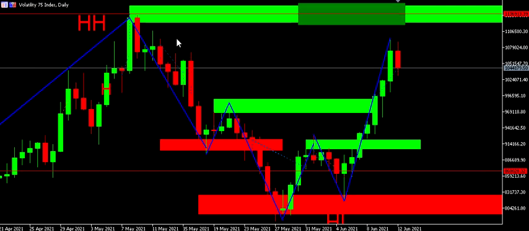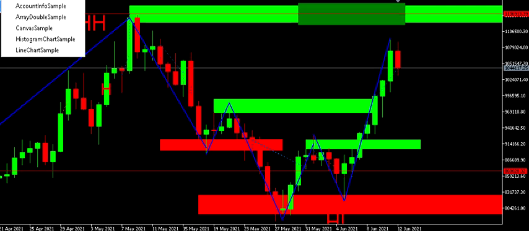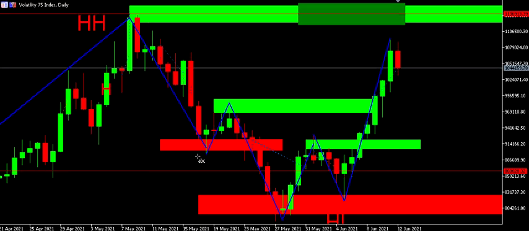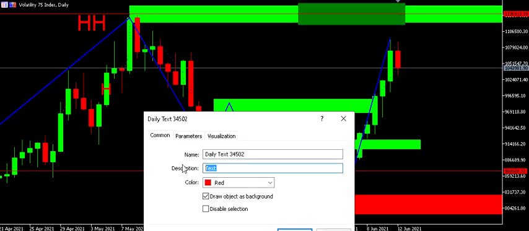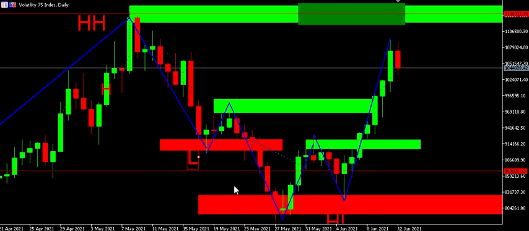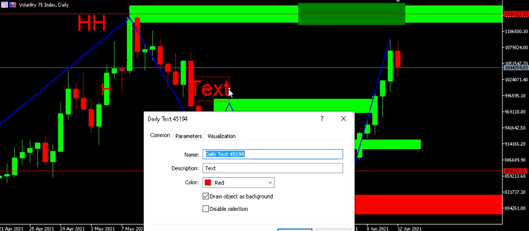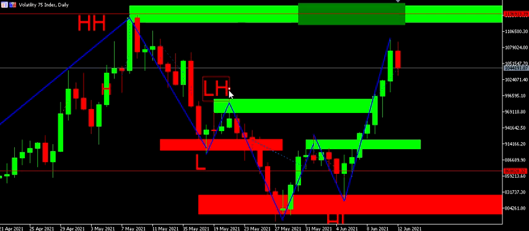If we are going to label it, we are going to call this particular point low on the daily time frame, and then we are going to label this part lower high. So for a downtrend you have lower high, for an uptrend you have higher low.